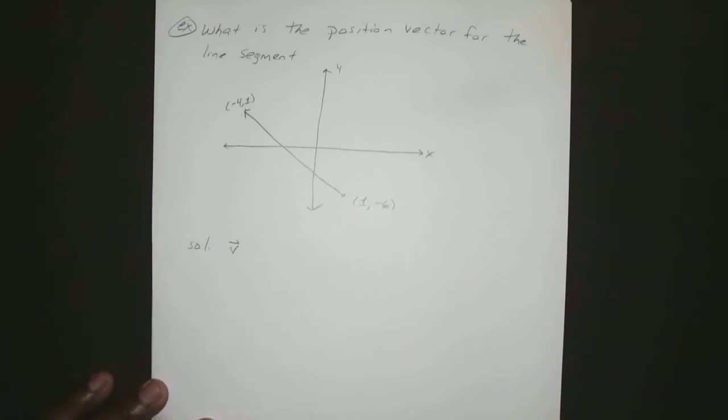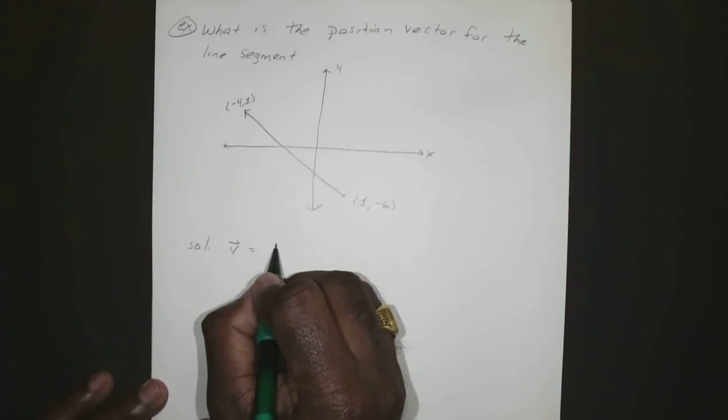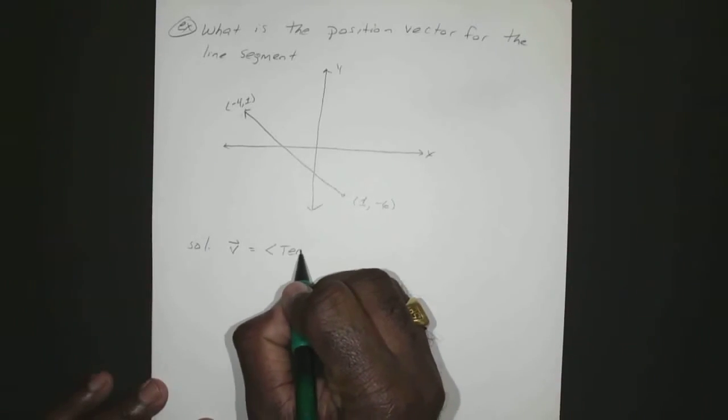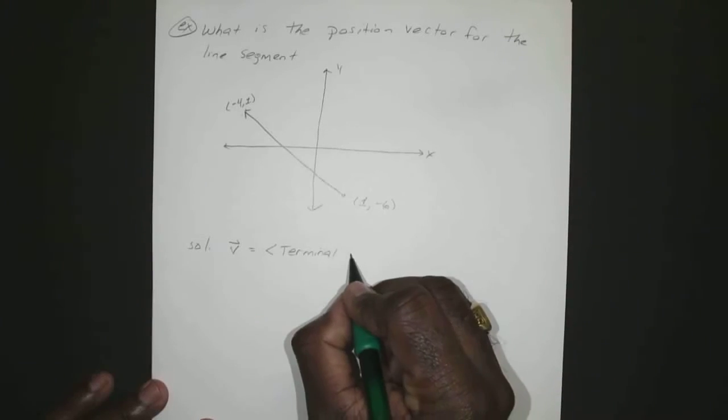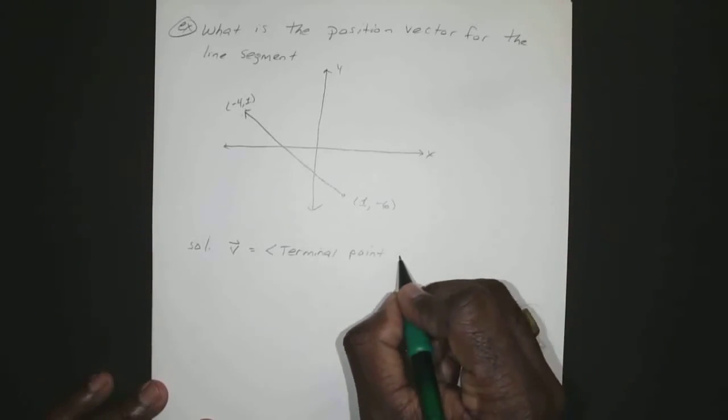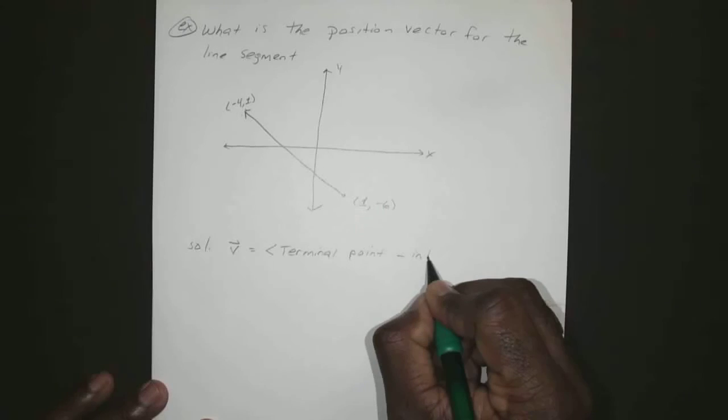Okay, so we can find our position vector, the terminal point minus the initial point.